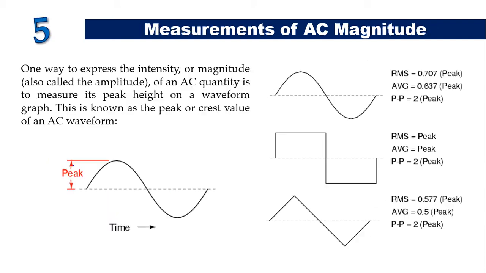Okay? Punta naman tayo dito sa measurement of AC magnitudes. So far, ang alam natin is that AC voltage alternates in polarity and AC current alternates in direction.